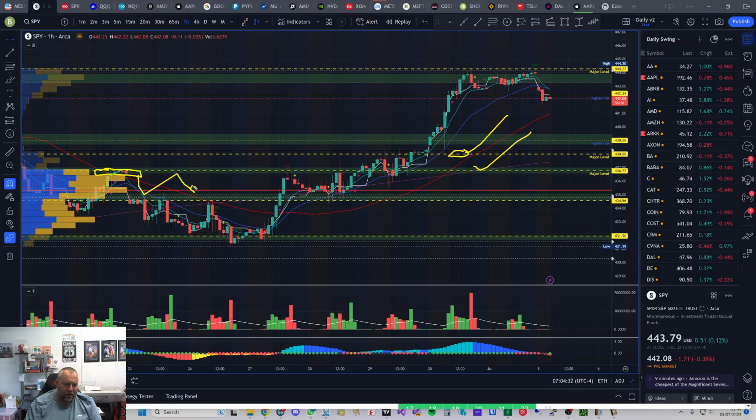So this entire area is a big area of support, so we could see a bounce off of this area. And if it does break back down through this area of previous high volume, then we've got 435, which will be a good place for a bounce as well.